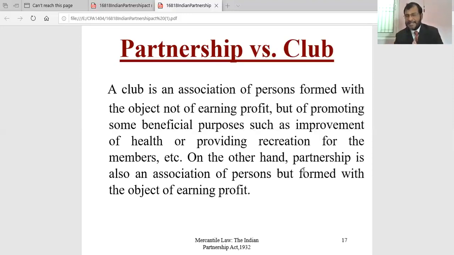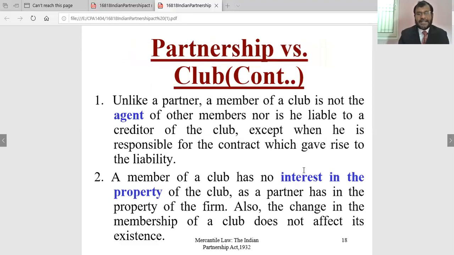The objective of forming the partnership is to make profits. Okay. Unlike a partner, a member of a club is not an agent of the others, nor is he liable to a creditor of the club, except when he is responsible for the contract which gave rise to liability.